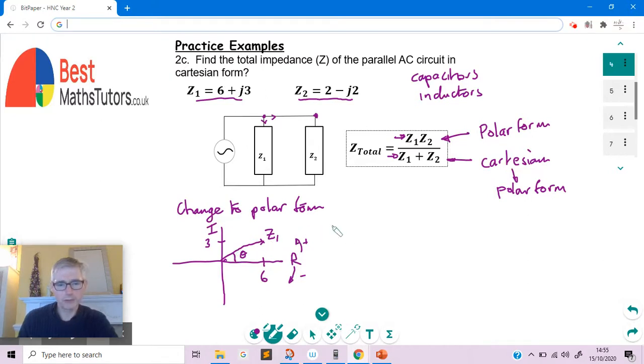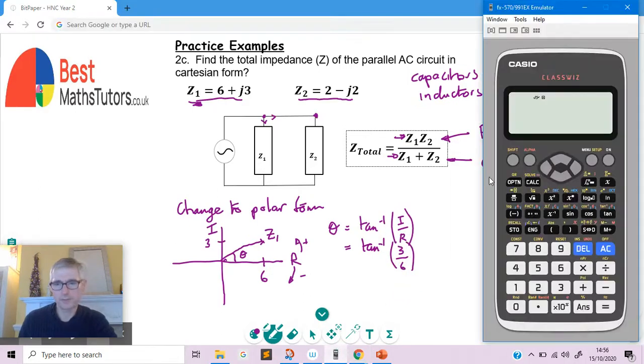So theta is given by tan minus 1 of the imaginary part divided by the real part. In the case of Z1, we're going to have tan minus 1 of the imaginary part being 3 over 6. I'm just going to get my calculator up and calculate that.